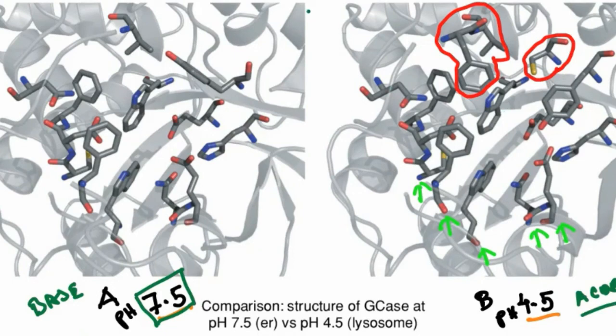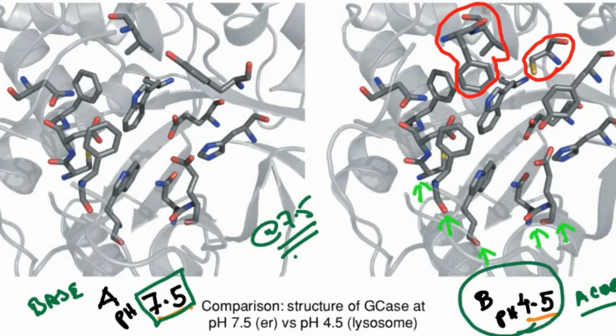Let us assume that the X-ray crystallographer crystallized the protein at pH 7.5, and the PDB structure is solved at pH 7.5, but in reality your protein is present at pH 4.5. Let us assume you have only one structure in the Protein Data Bank, the first structure, which the crystallographer solved at pH 7.5 because that is the suitable pH at which he is able to crystallize the protein.